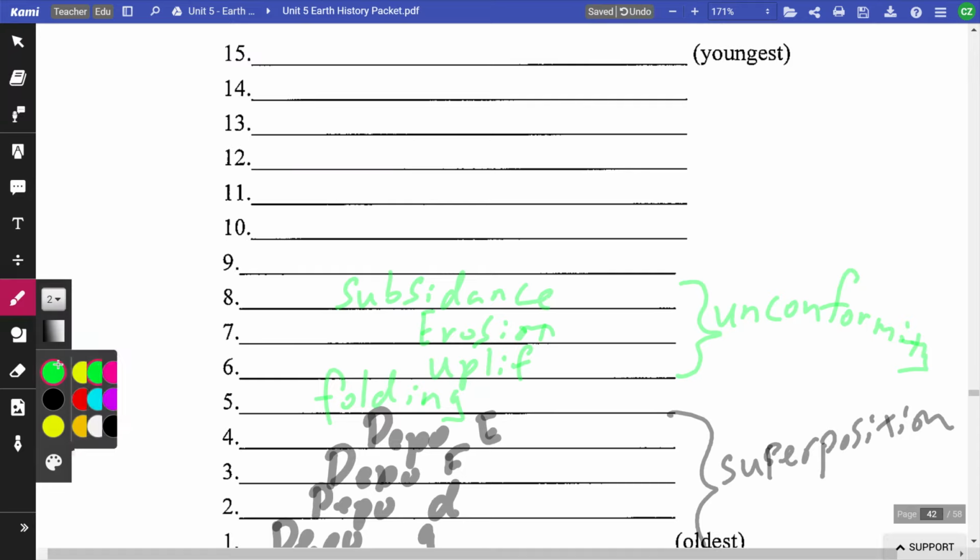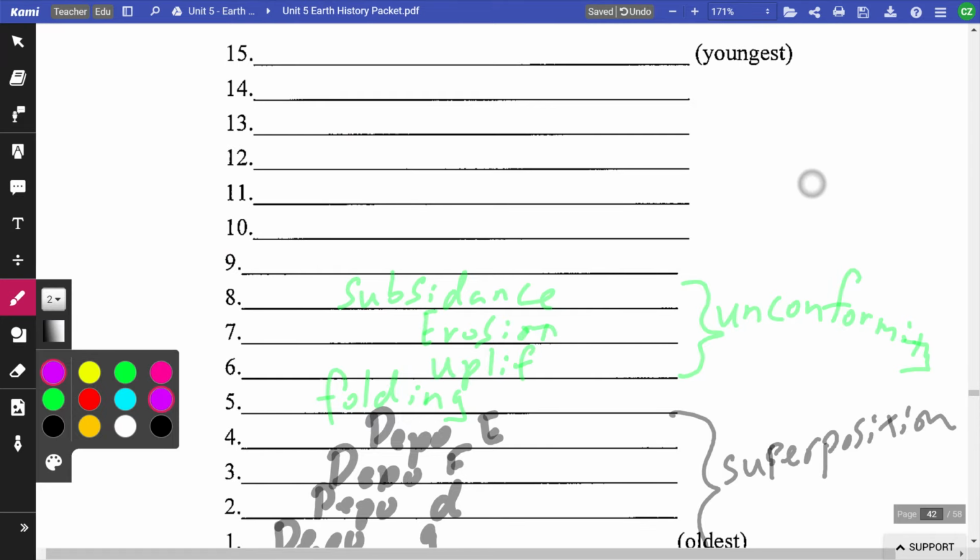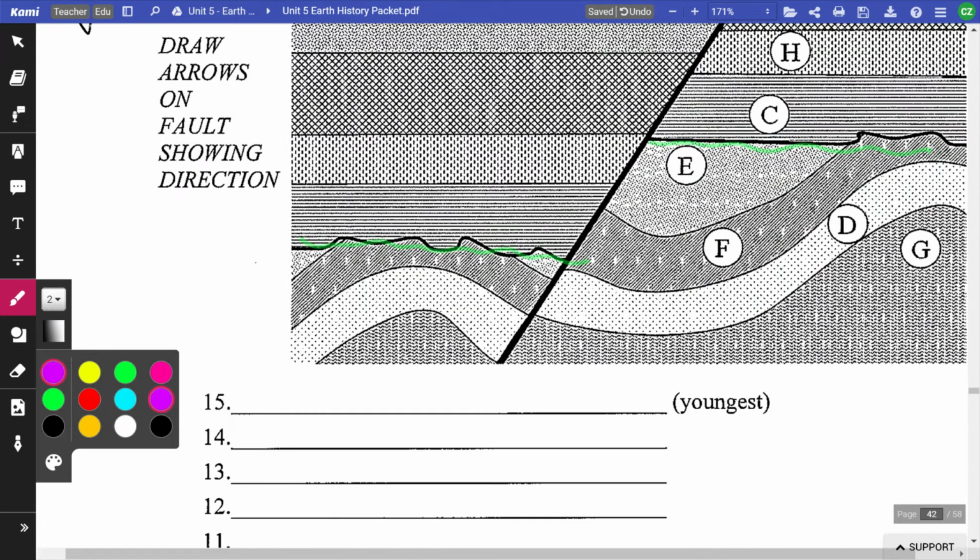And that's our unconformity. And that leads us to the green line I showed you there.